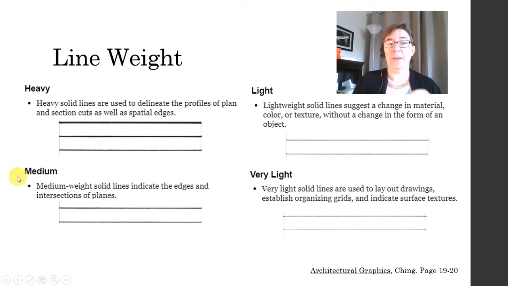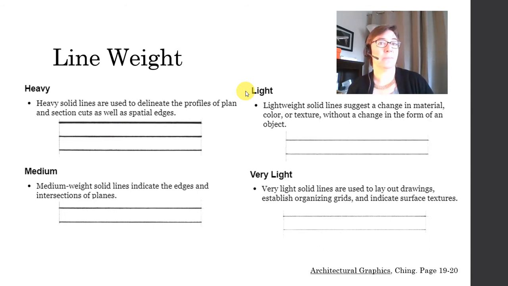Medium line weights are used to show the edges of items, perhaps the intersection or change of direction of something. Light line weights are for your details. Perhaps it's a change in material.